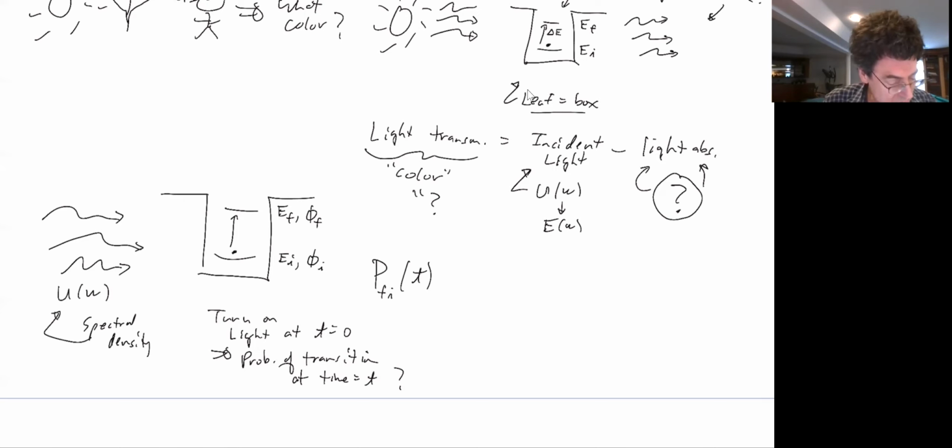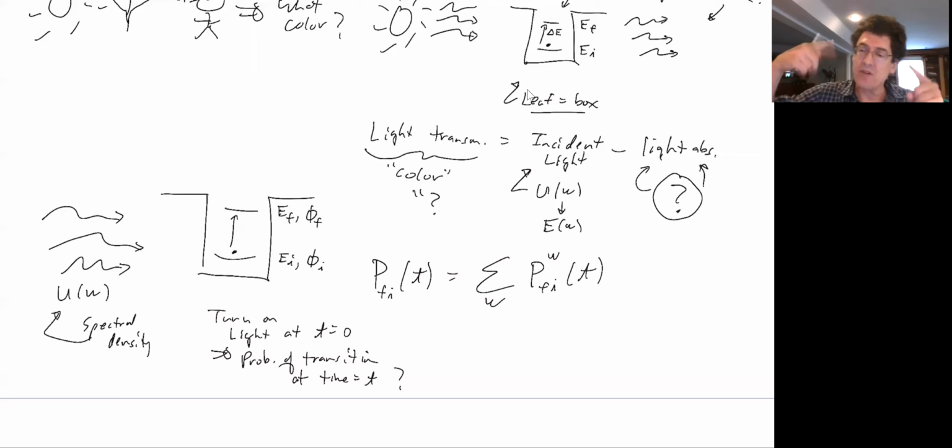And so what we do is we realize that every frequency of light will independently induce some probability of transition. So the probability of transition is the sum of the probability of transition for every frequency. That's the big insight: every frequency of light is like a feather that's tickling you.